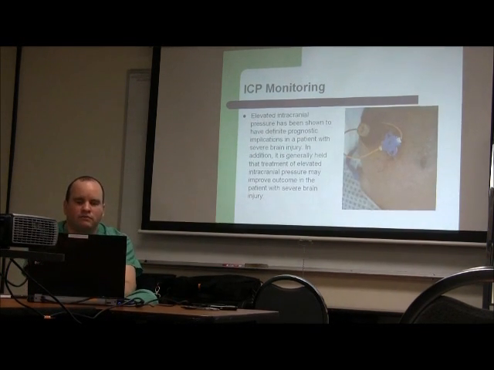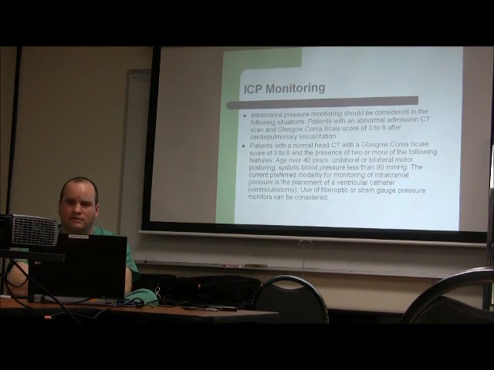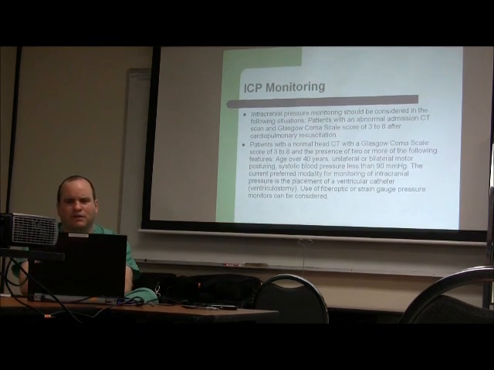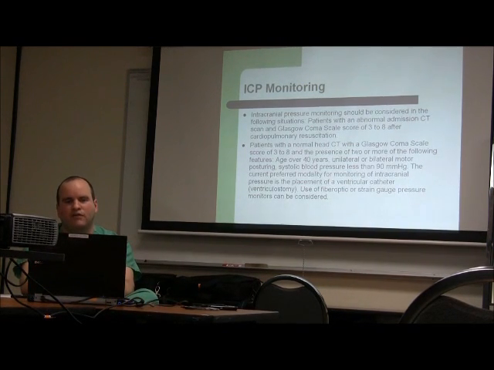Also, they recommend monitoring patients who have a normal CT scan, but with a GCS of 8 or less. And they say 3 to 10, but think about it, 3 can be dead, so it's a GCS of 8 or less.